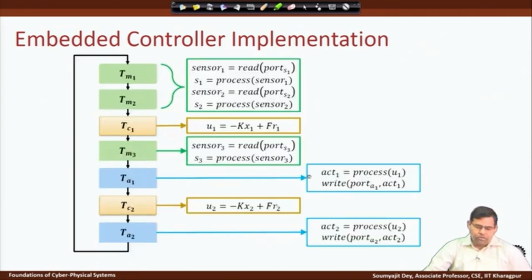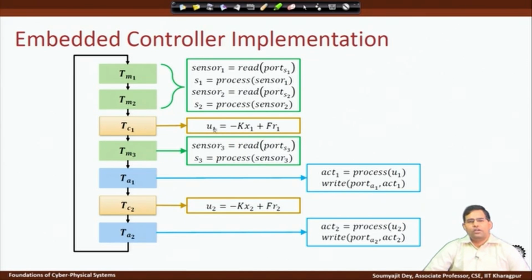So, on the embedded processor, what you have is this task sequence. Let us say this is a pure static scheduling. That means you have this task sequence and they are just executing in a particular order. So, let us say for the measurement or sensing tasks, their corresponding code is sensor 1 reading something from a port, then doing some processing, then sensor 2 reading from a port and doing some processing.